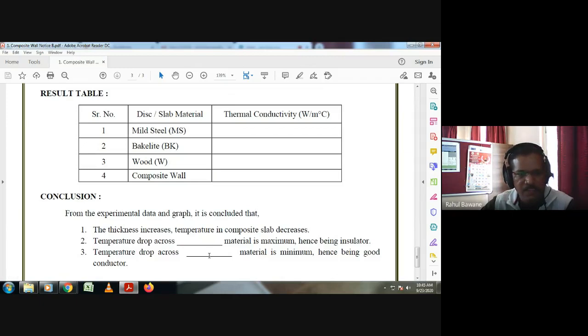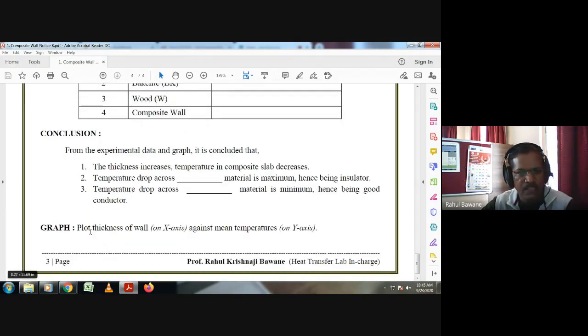In the same way, the temperature drop across the MS material is a minimum, hence being a good conductor. And in the last, we have to plot one graph with composite wall thickness on the x-axis against the mean temperatures on the y-axis. So mean temperatures TA, TB, TC, TD, and thickness on the x-axis. Thickness will be 0 mm, then 10, 20, 30, 40, 50, 60, likewise.